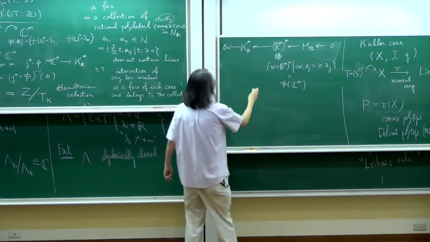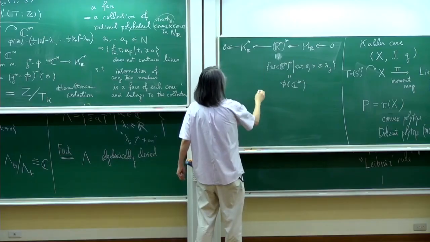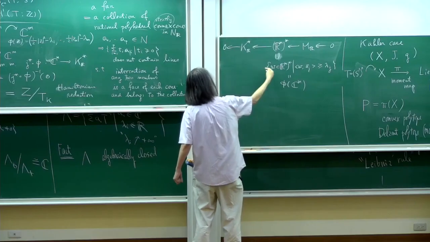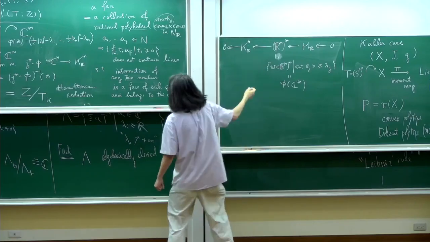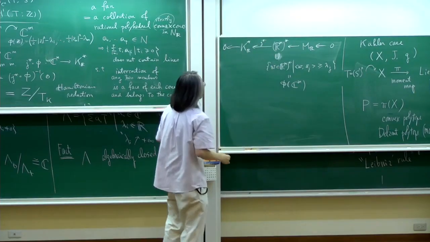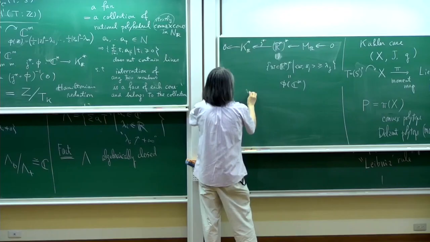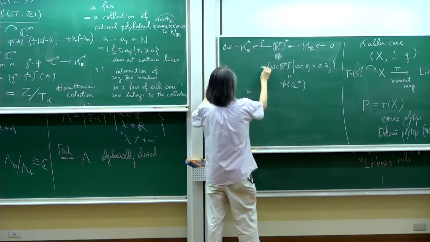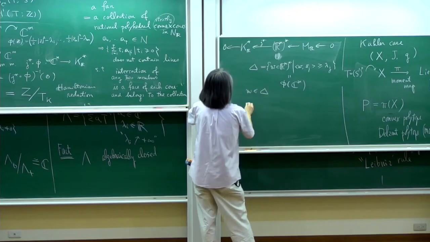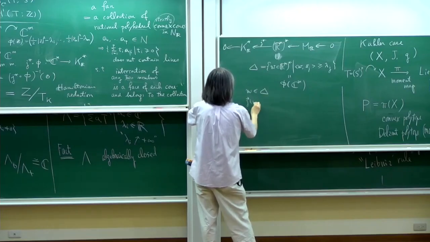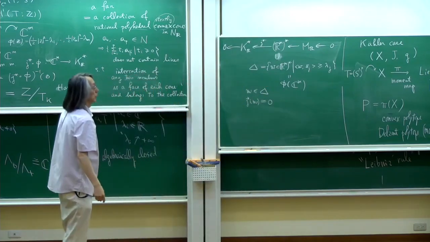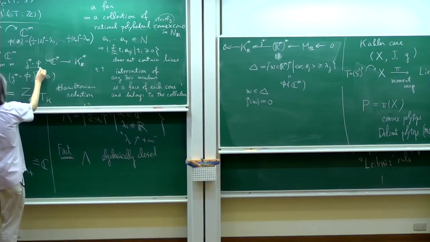And if you consider the point that is actually killed by this J star, so let's consider the W. Maybe I did not write this delta, and then take delta so that J star W is equal to 0. So just consider such a thing. And that is nothing but this, right?